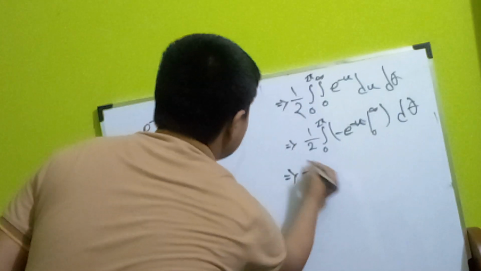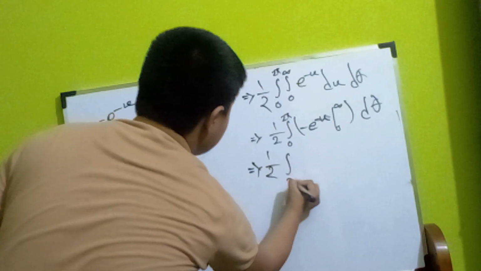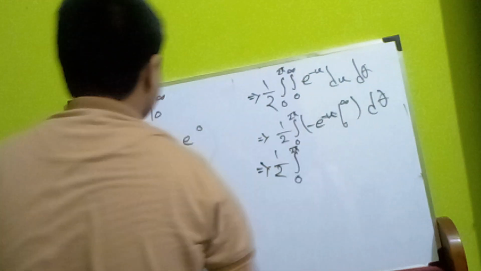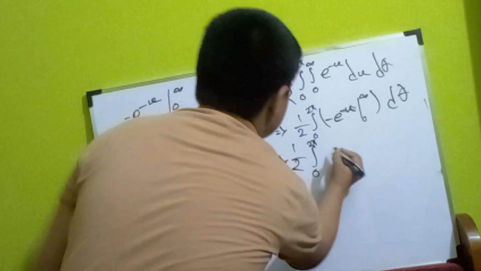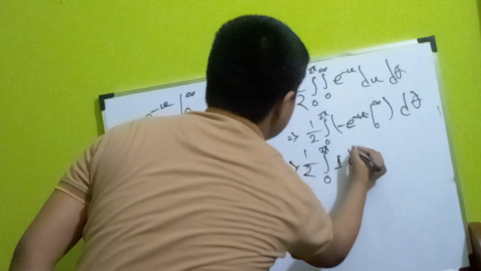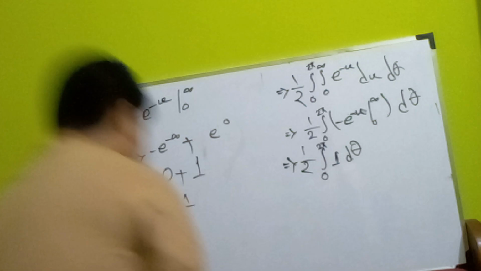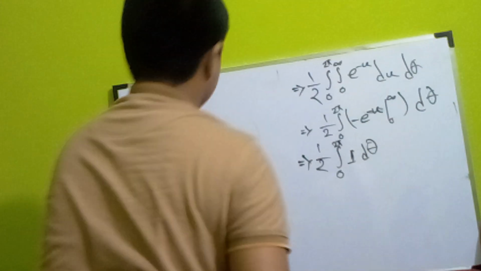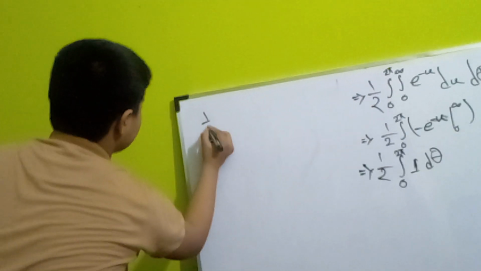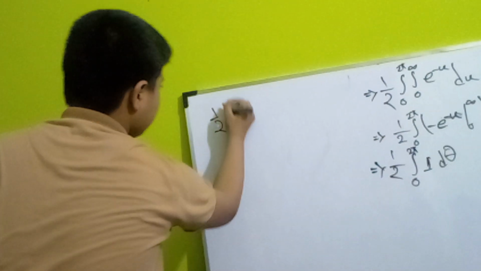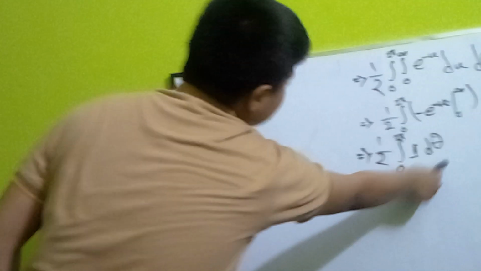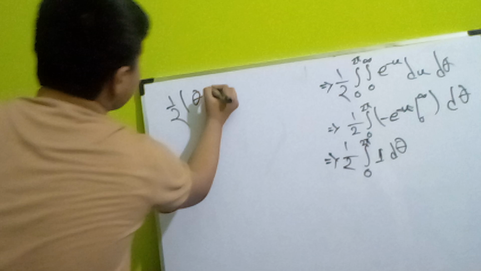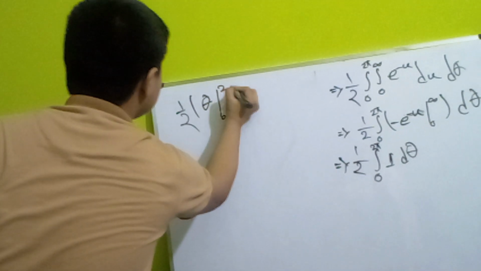Now this is going to get a lot easier to evaluate. So 1 half, 0 to 2 pi, and this integral is just 1 d theta. The integral of 1 in terms of theta is just theta, evaluated from 0 to 2 pi.